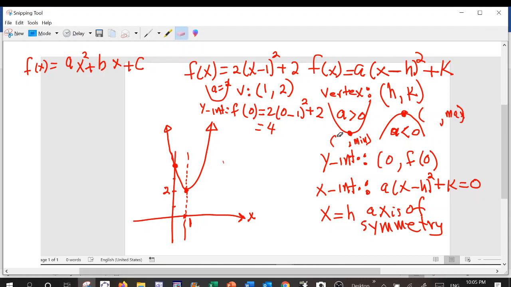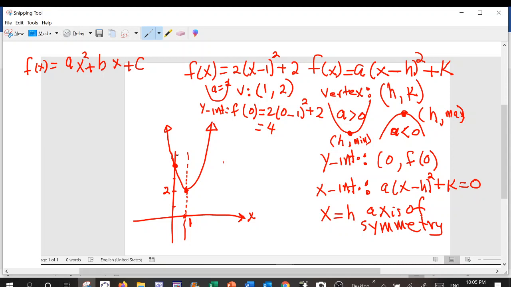And the x coordinate is where the min or max occurs. That means at what value of x the y value is min or max. And that is, of course, the x coordinate of the vertex, right? So in both cases these are h's, but the y coordinate is either min or max depending on whether we are opening up or down.